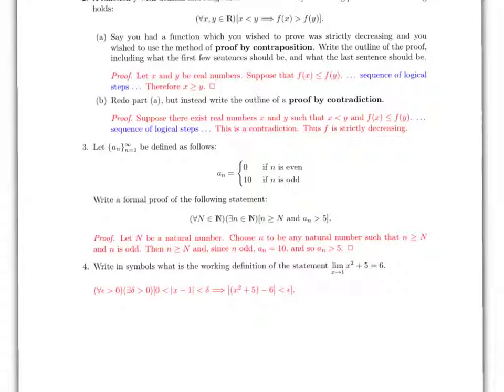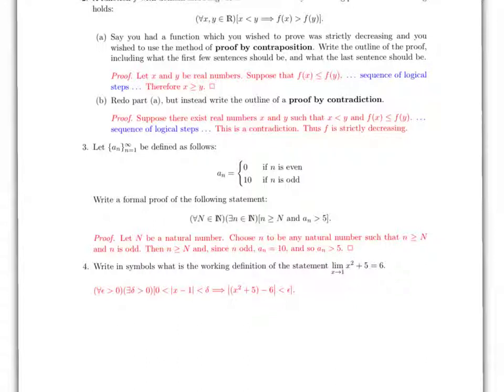Since you want your a sub n to be bigger than 5, you'd better choose your little n to be odd. Otherwise you'll get a 0 and that isn't bigger than 5. But you also have to guarantee that your little n is bigger than the capital N that was given to you. And since you don't know what that capital N is, you can't say something like choose little n to be 11, or any specific number that's odd.